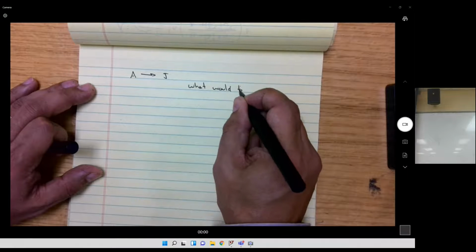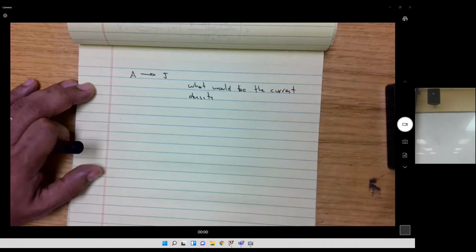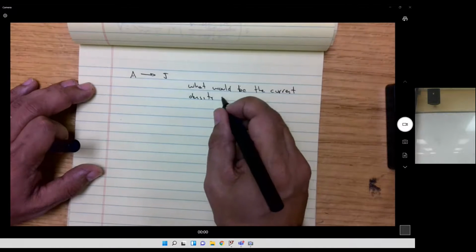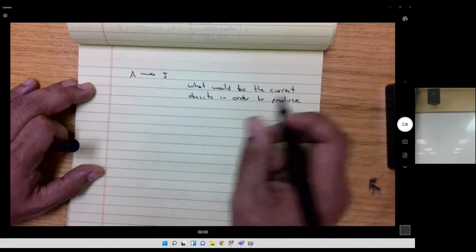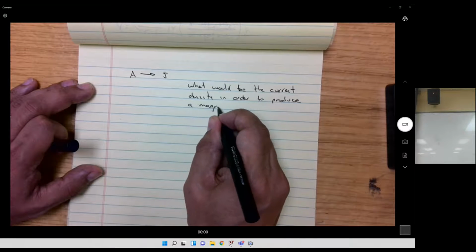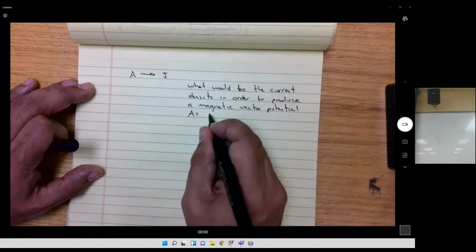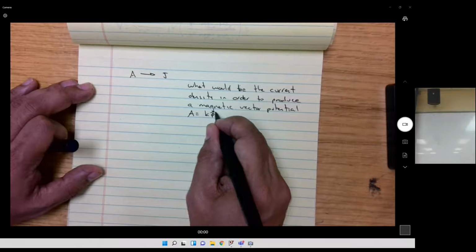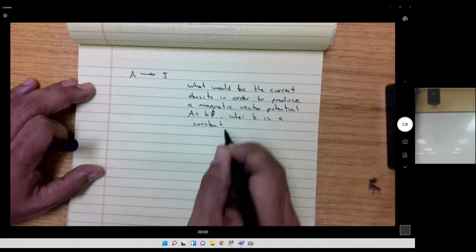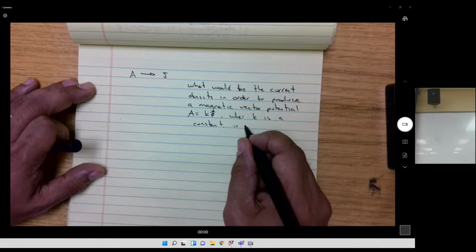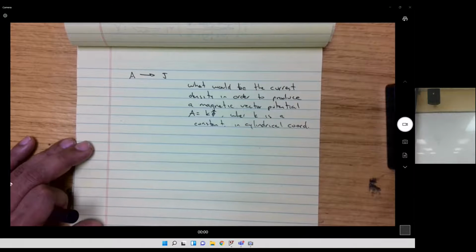What will be the current density in order to produce the magnetic vector potential A equals K phi, where K is a constant? And we need cylindrical coordinates in this case.